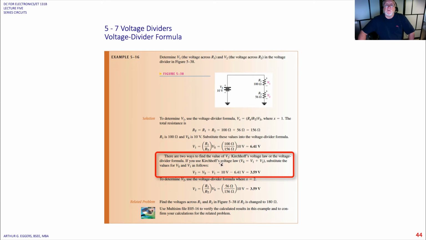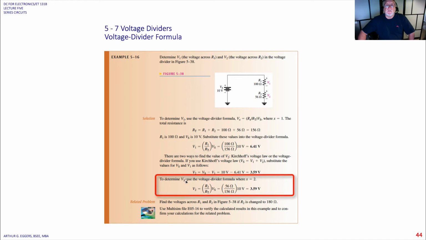So if you use Kirchhoff's voltage law, V sub s is equal to V1 plus V2. Substitute the values for V sub s and V sub 1, and we very simply end up with V2 equal to the source minus what we just found for V sub 1, and we get 3.59 volts.